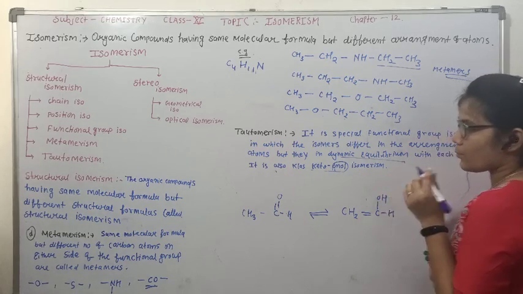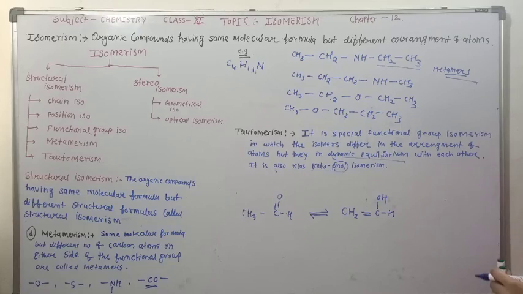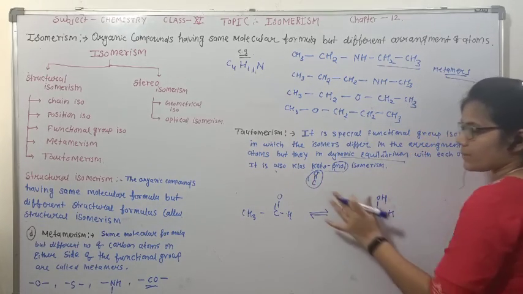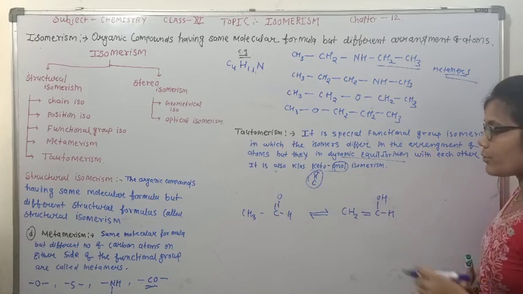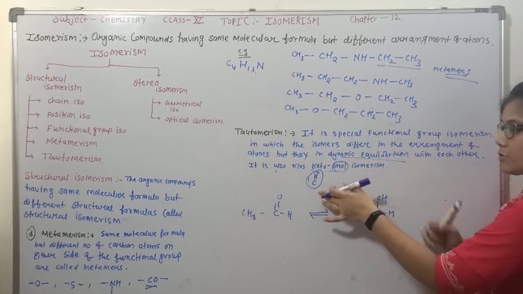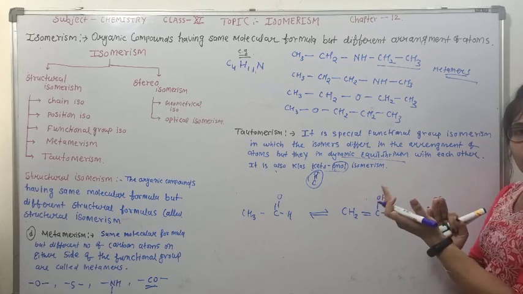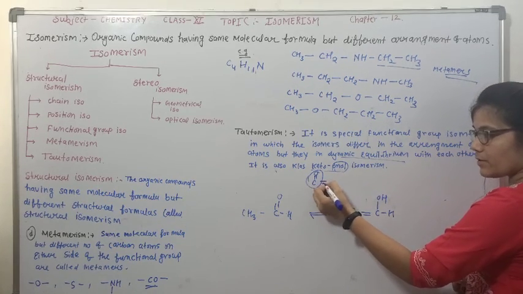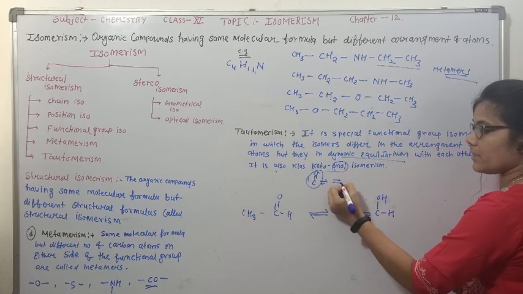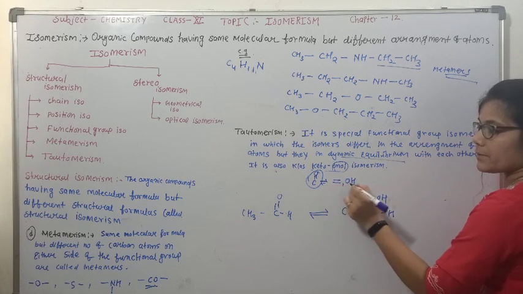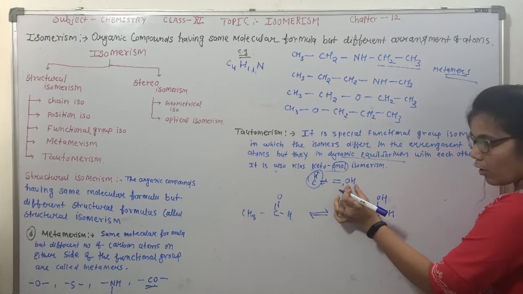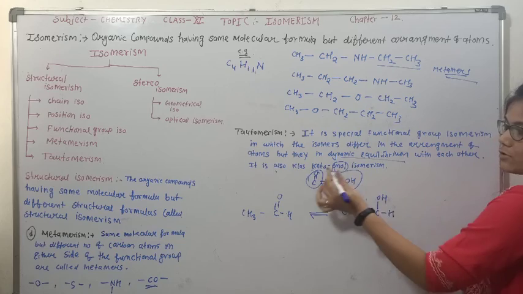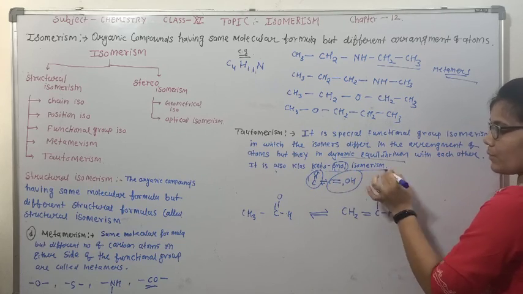This isomerism is possible in a special functional group like C double bond O, the carbonyl group, that is the keto group. The arrangement differs, so it converts into the ene-ol form, that is a double bond and an alcohol group. So this isomerism is also called keto-enol isomerism.